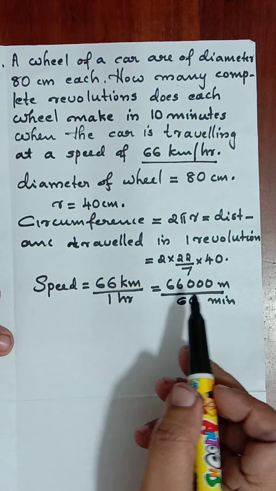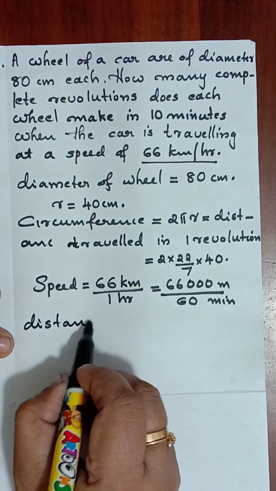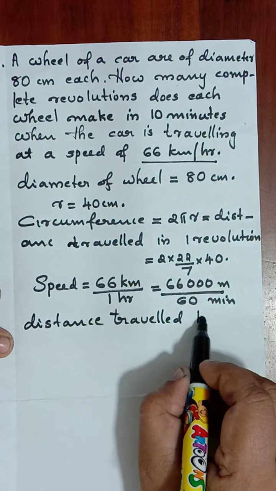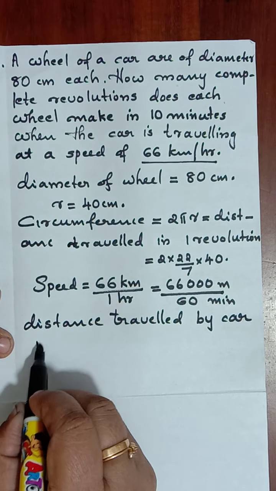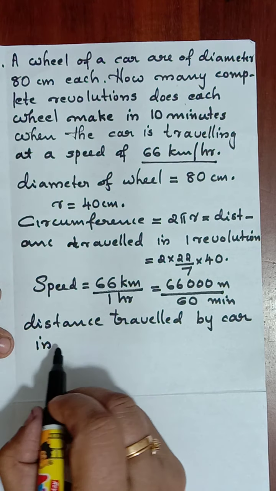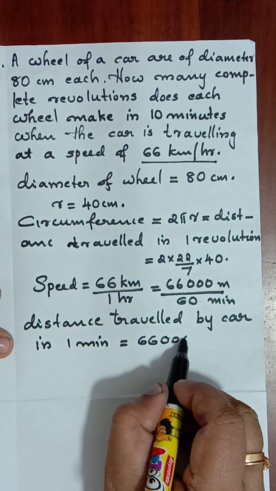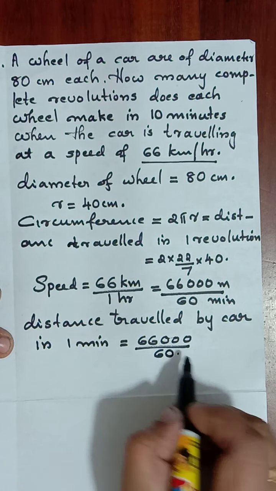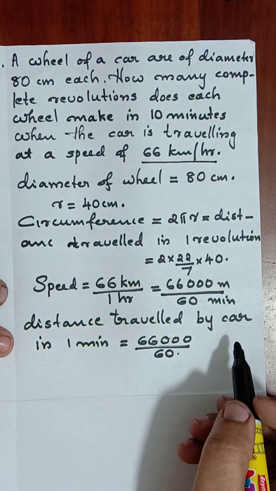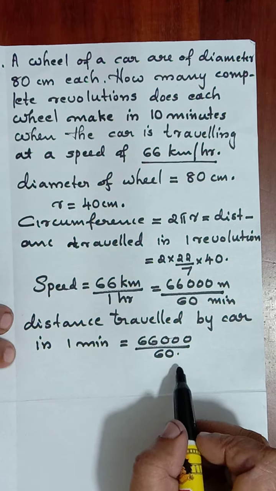Therefore, distance traveled by car in 60 minutes is 66,000 meters. So in 1 minute, it is 66,000 by 60.